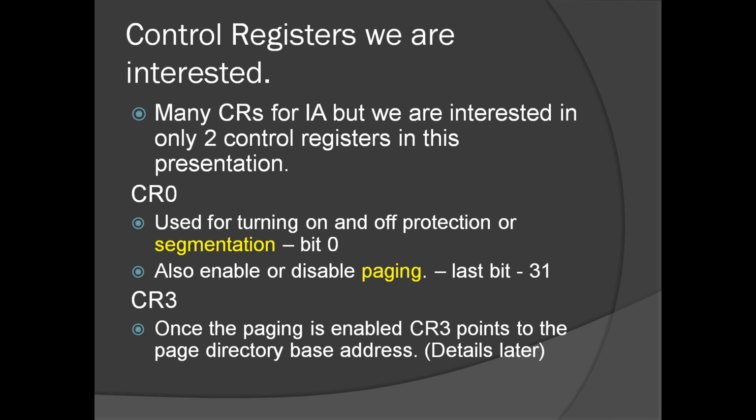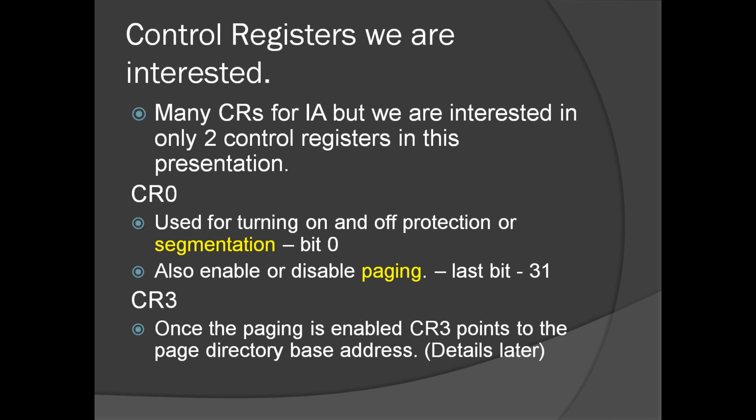CR0 or control register 0. Bit 0 of CR0 register is the bit which enables or disables segmentation. The next bit we are interested in is the 31st bit of CR0.